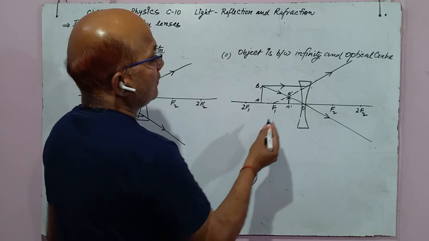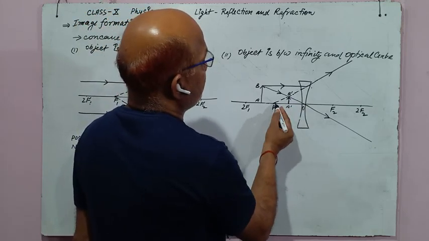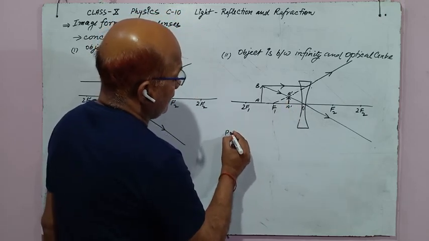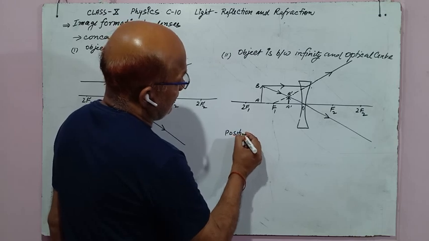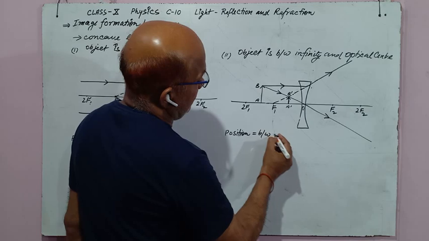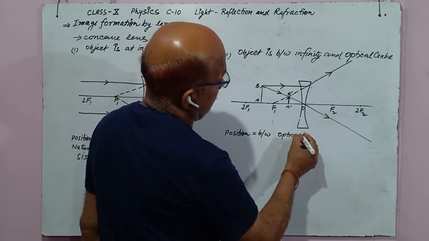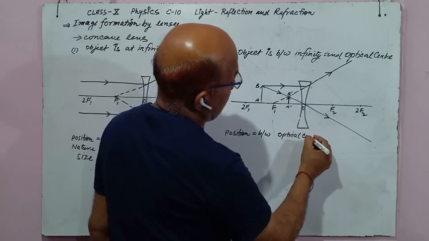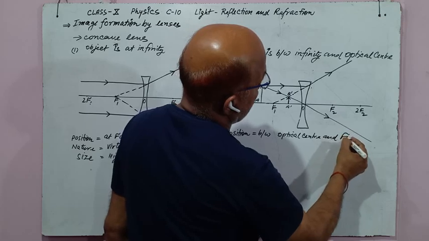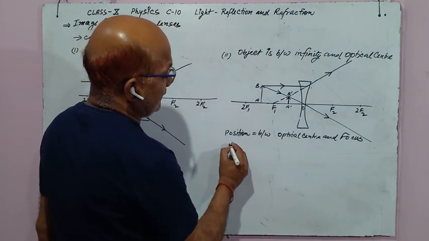So now the position of image, you can see it is between optical center and focus. What is the nature of image?